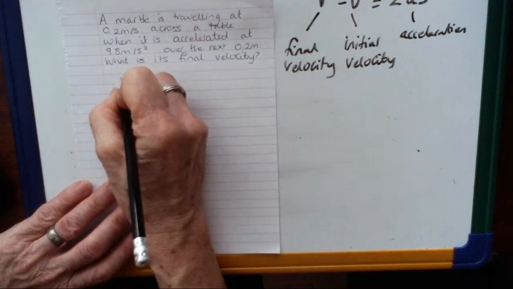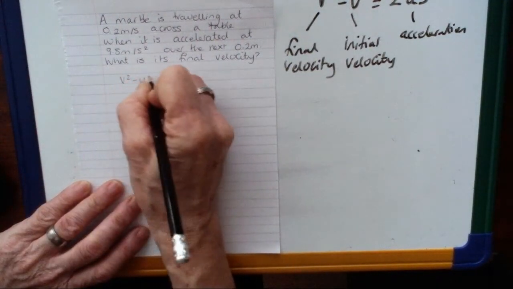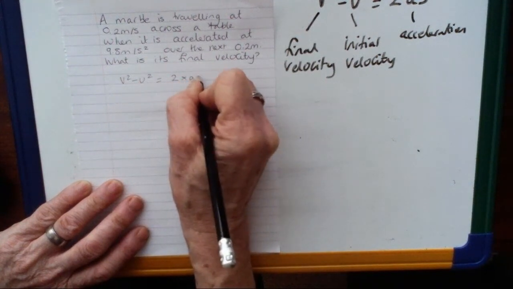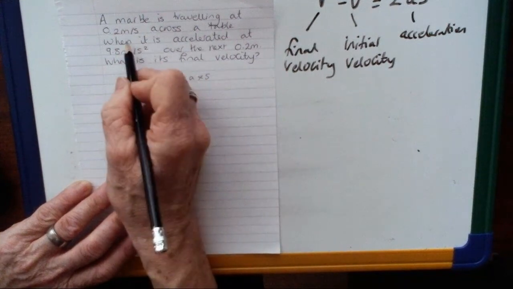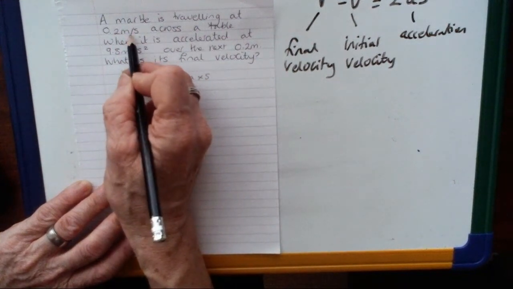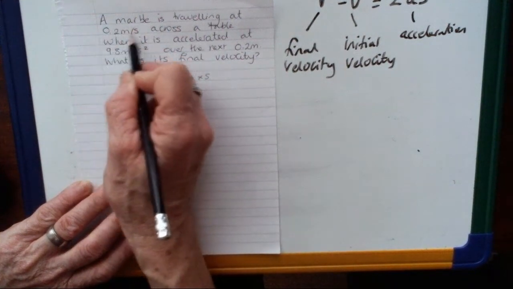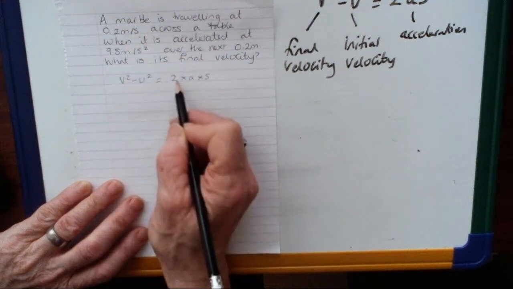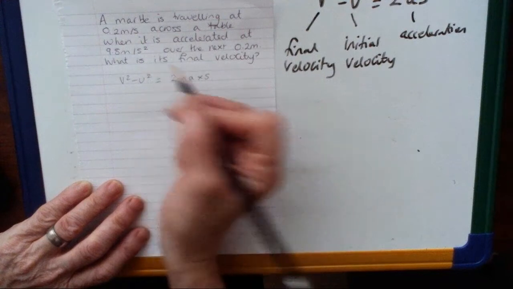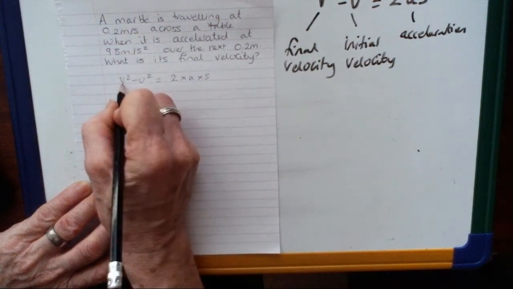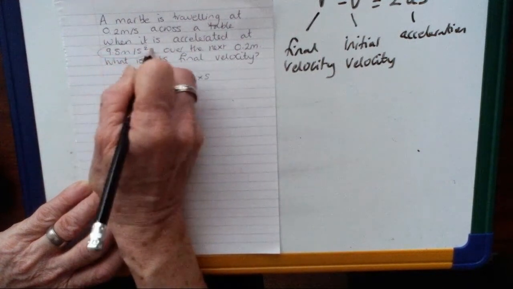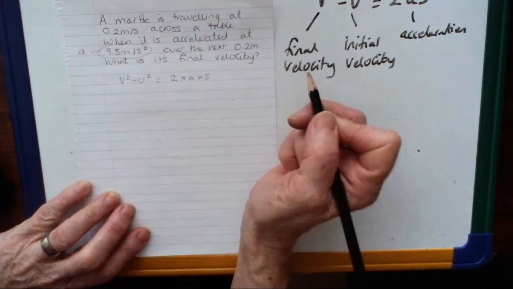Okay, so I always start by writing out the equation that I'm going to use. I've just said to some students that it's helpful to circle the values in the question so that you can pop them into the equation. So it's being accelerated at 9.8, so that's our acceleration, that's our a.